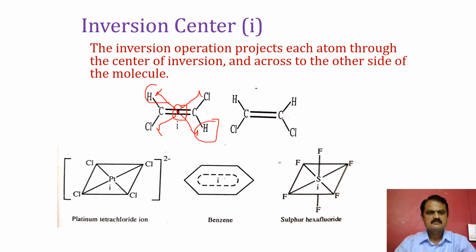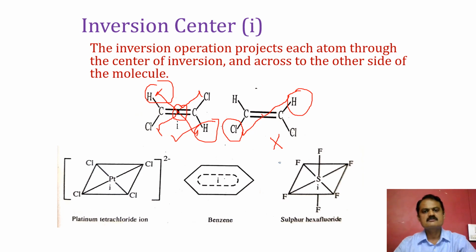For trans dichloroethylene, we can say there is an inversion center present. Whereas in the cis molecule, in one direction at equal distance we get a hydrogen atom, whereas from the center, the imaginary point, in the other direction we get a Cl atom. Both are different. Therefore, i is absent for cis and i is present for trans molecules.